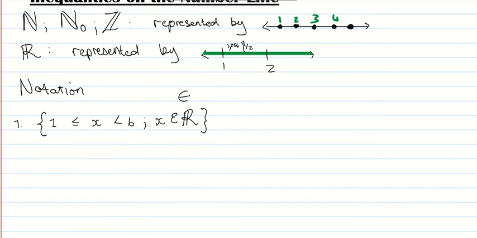Our next form looks something like this. We make use of a square bracket, and then we say 1 and 6. Now these two things are the same thing.